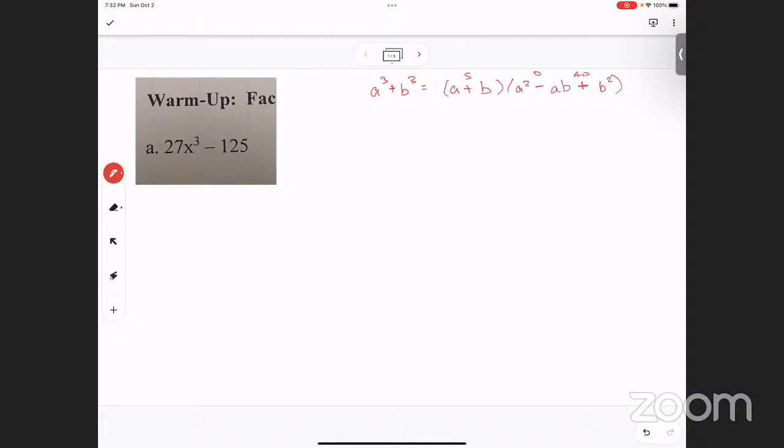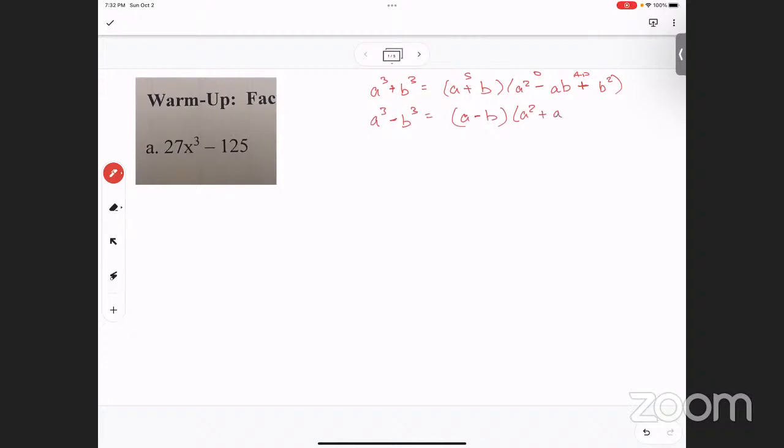You remember this? And if it was a cubed minus b cubed, the way that would factor is a minus b, because the sign is the same as what it was. And then what would this first sign be? A squared minus. It wouldn't be minus.